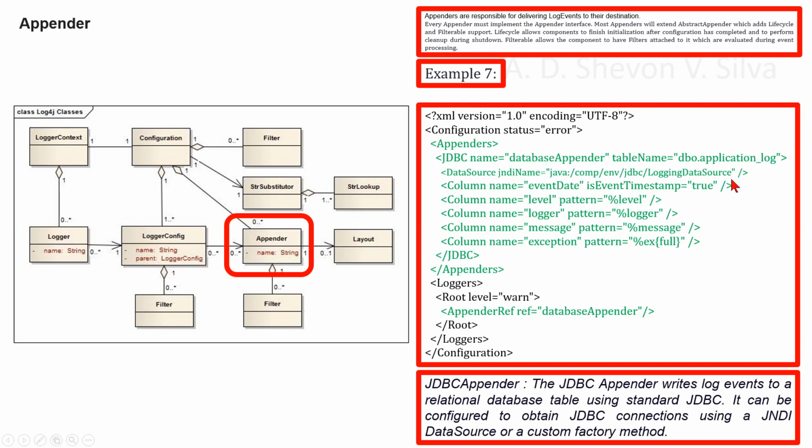The data source must be backed by a connection pool, otherwise logging will be very slow. And you can see column name and event timestamp, column name, pattern, etc.